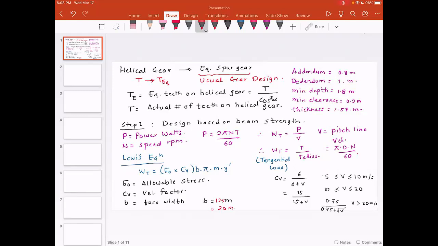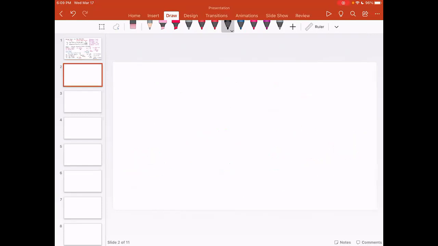Now, next part is Y prime, and Y prime is nothing but modified Lewis form factor. What does it mean by modified factor? First, you have to design a helical gear with T as number of teeth on helical gear.